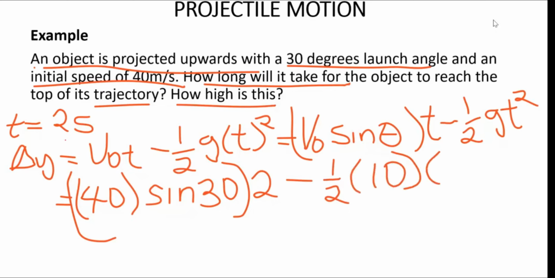Then t is 2 squared. We multiply that, which gives us 40 times sine 30 times 2 minus half times 10 times 2 squared. We calculate all of this to give us 20 meters. That's how high the object will travel: 20 meters.